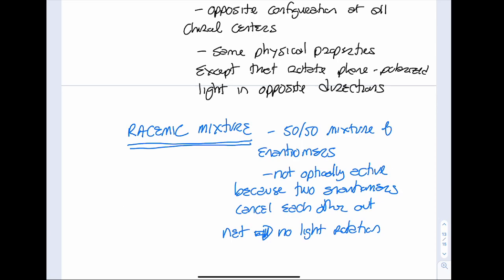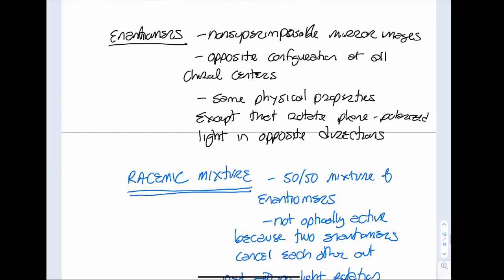If it wasn't an equal mix, right, if you had more of one than the other, then the net effect is to still rotate light. But if you have an equal amount of the two enantiomers, the left rotation and the right rotation are going to cancel, and our net effect is that it doesn't rotate light. So this is not optically active. So do know this one. I meant to just underline it again. Do know this term. It is going to come up again.